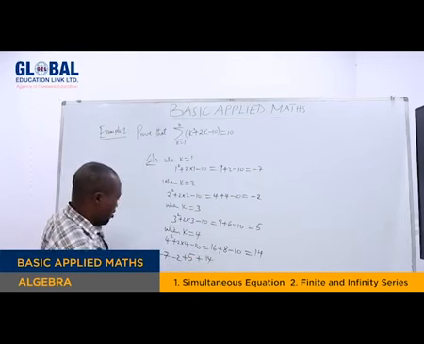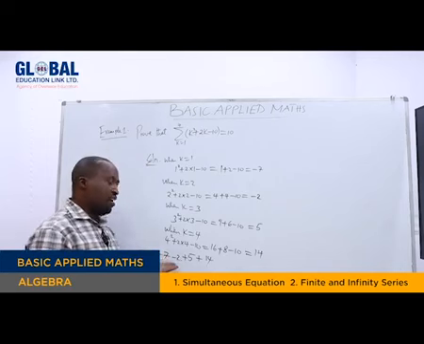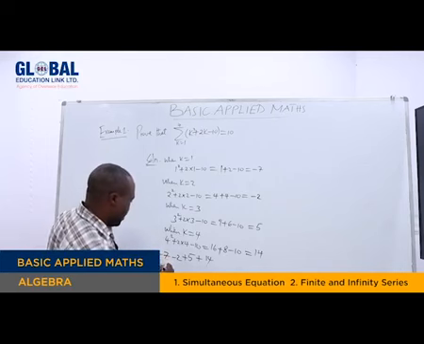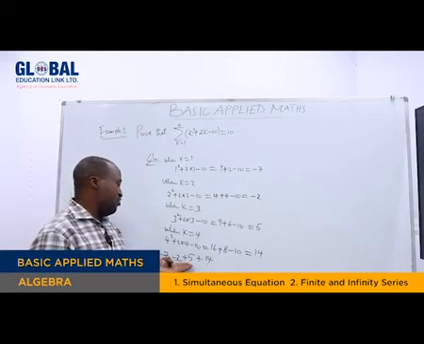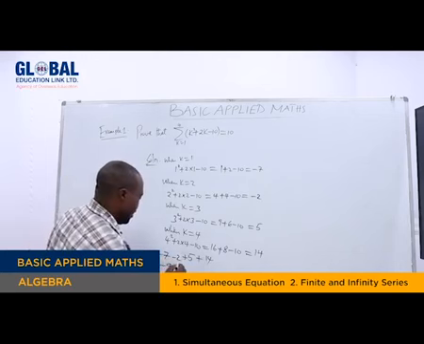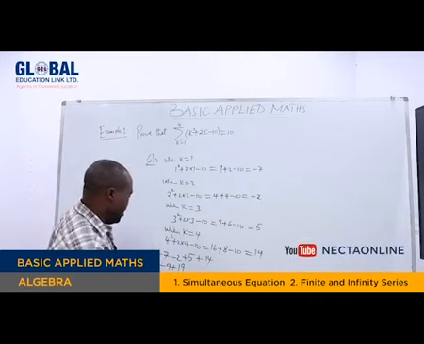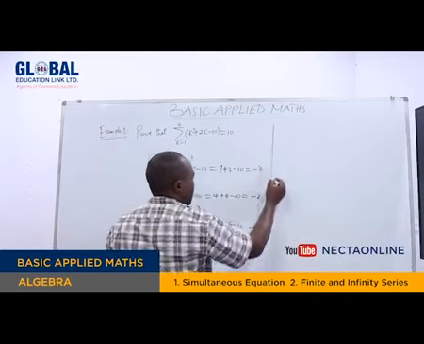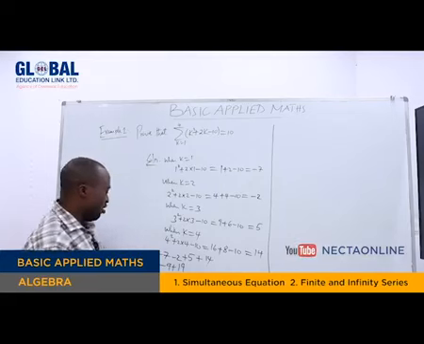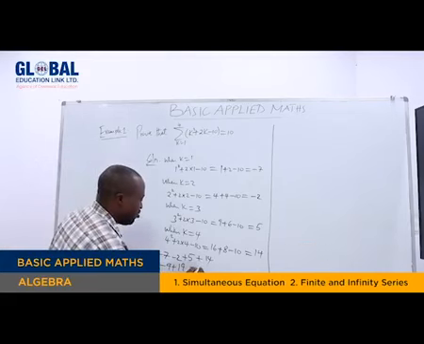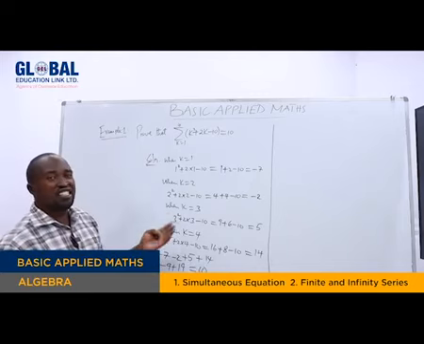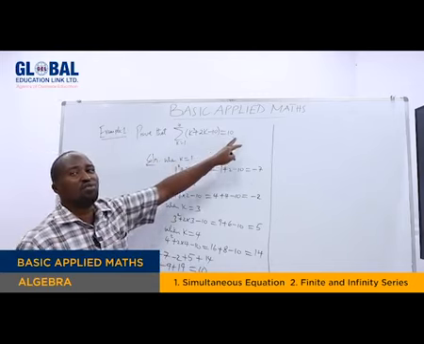So here we have negative 7 minus 2, that is negative 9, then plus. So here we have 5 plus 14, that is 19. So here we are going to have negative 9 plus 19 is equal to 10. Therefore, it is true that this expression is equal to 10.